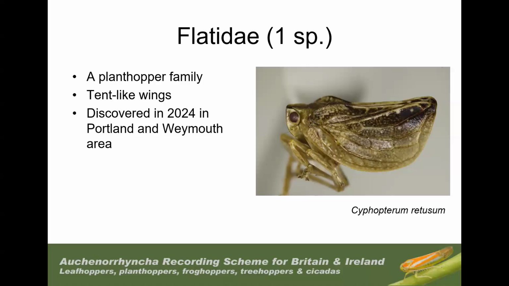So how far that will spread, we'll see. But it's an interesting species because previously it's only been recorded for Madeira. So quite how it got to Britain, how it got to Portland is an interesting question, and indeed how far it will spread remains to be seen.